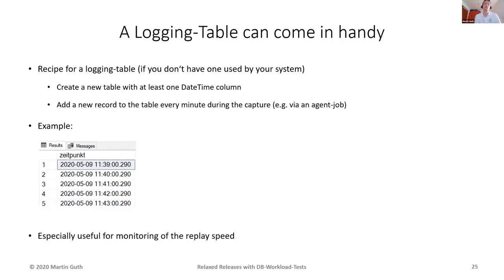Typically, your events are not equally distributed. There might be a long pause in the replay or something like that. And then you can say, okay, I'm running the replay now for 30 minutes. I should be 30 minutes into the replay. Oops, I'm already only 20 minutes into it. What's going on there? So that's a little bit of a help.